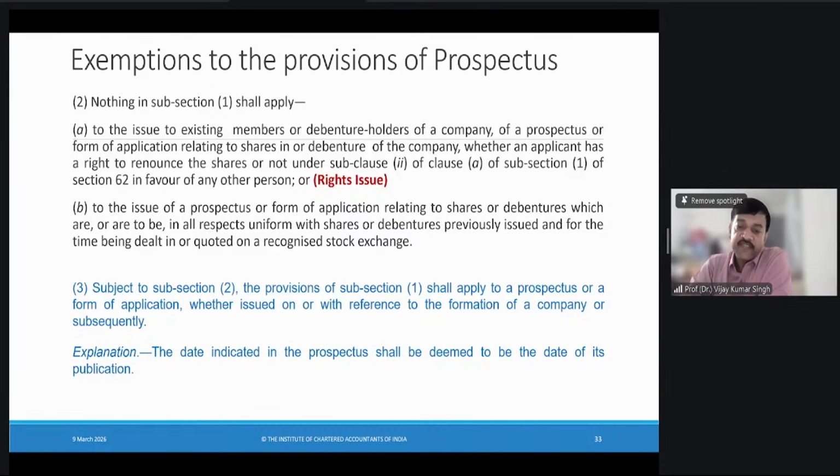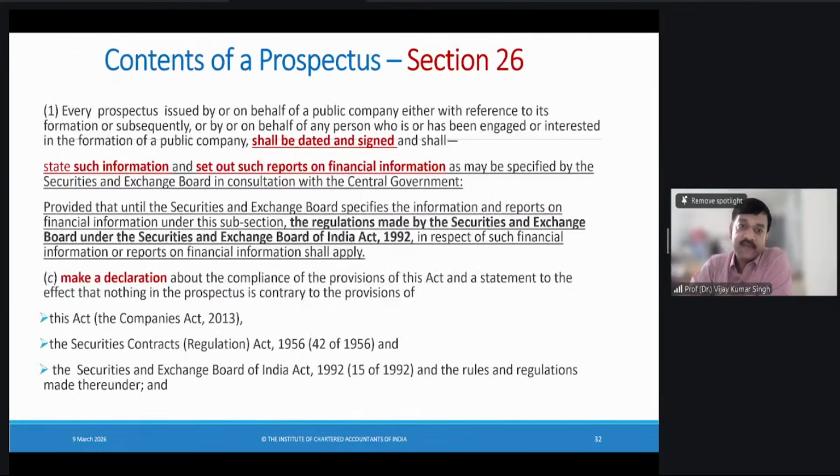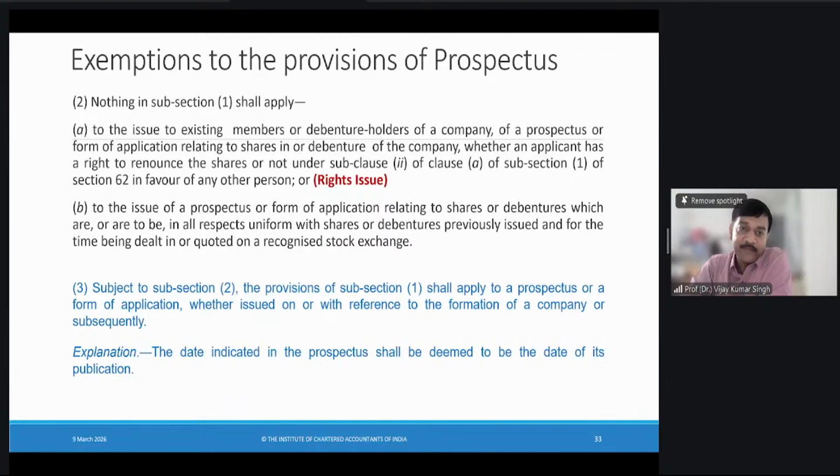So whatever we saw in the previous slide, all these provisions will not apply to the situation where the issue is made to the existing members or debenture holders of a company, of a prospectus or form of application relating to shares or debentures, whether an applicant has a right to renounce the shares or not under sub-clause 2 of clause A of sub-section 1 of section 62 in favor of any other person. So in case of rights issue, this provision will not apply.